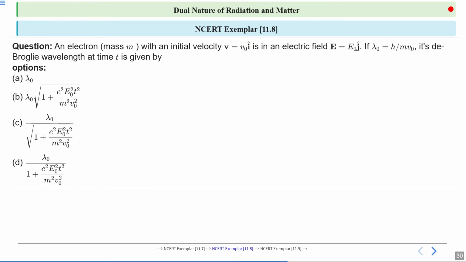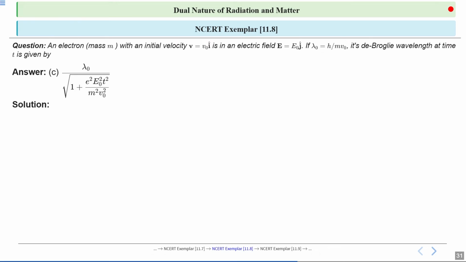Options are: A, lambda naught; B, lambda naught multiplied by root of 1 plus e square E naught square t square upon m square v naught square; C, lambda naught upon root of 1 plus e square E naught square t square upon m square v naught square; D, lambda naught upon 1 plus e square E naught square t square upon m square v naught square. So the correct option is C.